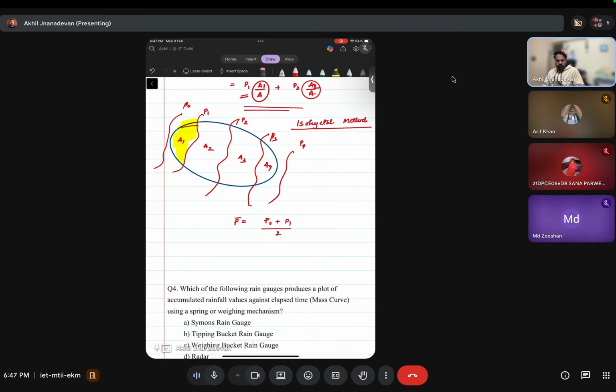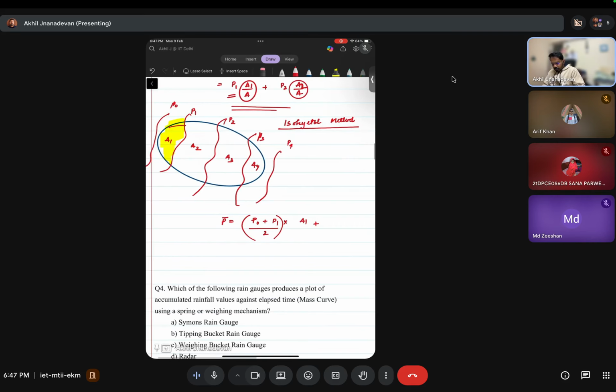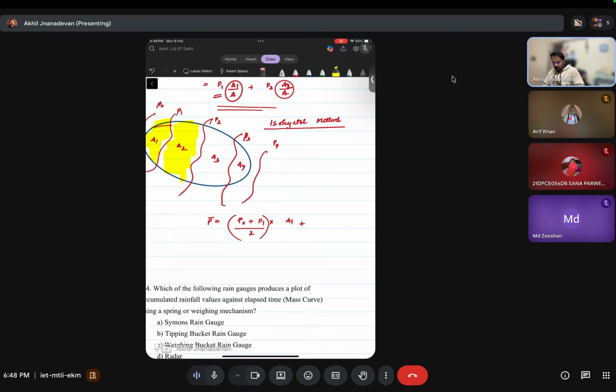This is the rainfall corresponding to A1, which we multiply with the area A1. Similarly, for A2, we assume this area has the rainfall effect of P1 and P2.